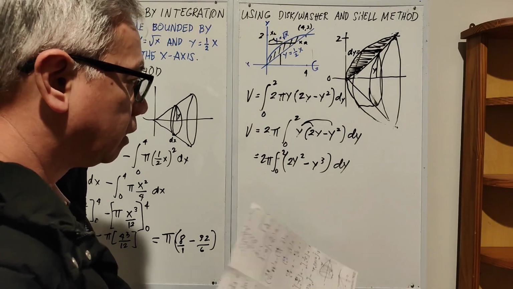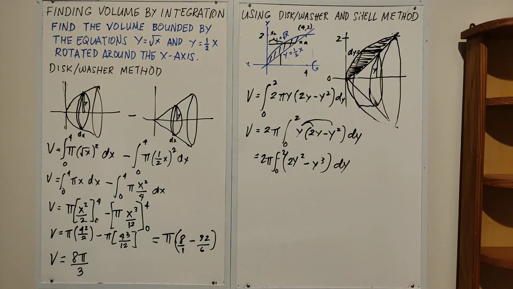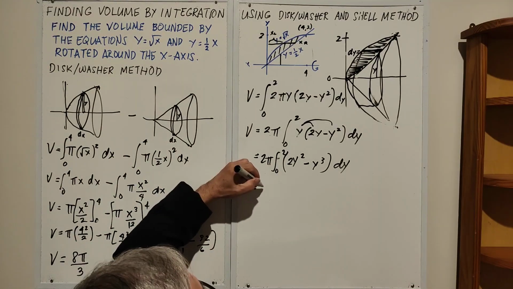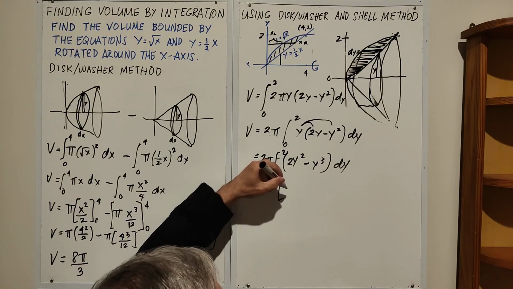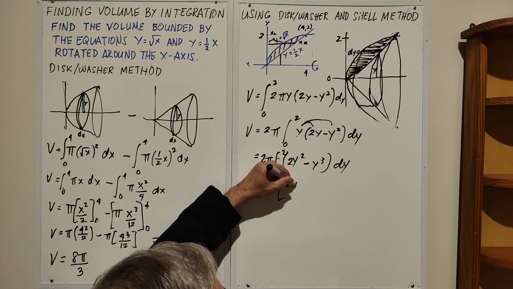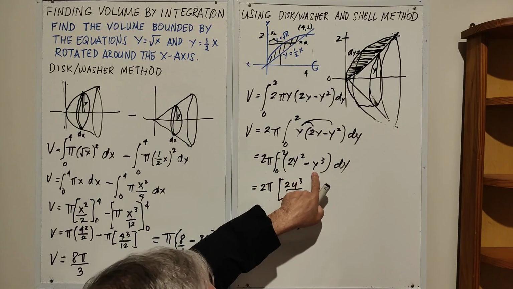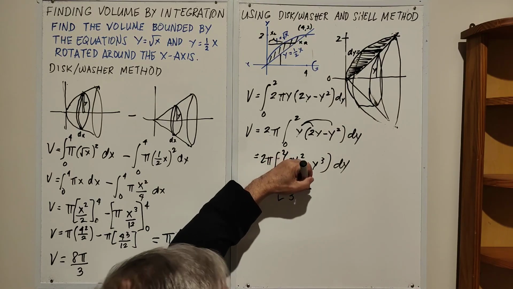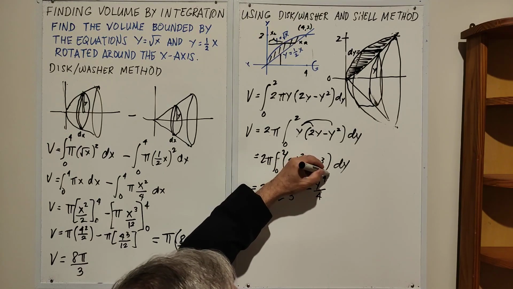So if we integrate 2y squared, this will become 2y cubed over 3, and if we integrate y cubed, this becomes y to the 4th over 4.